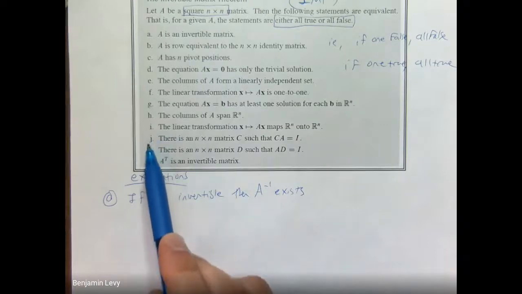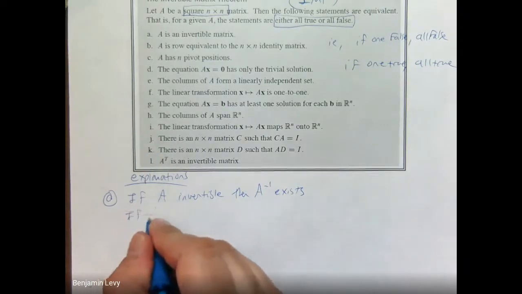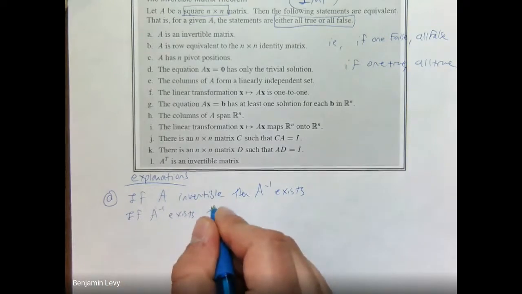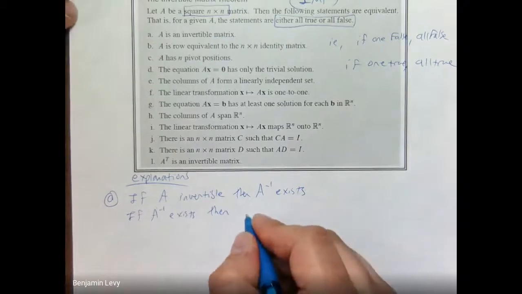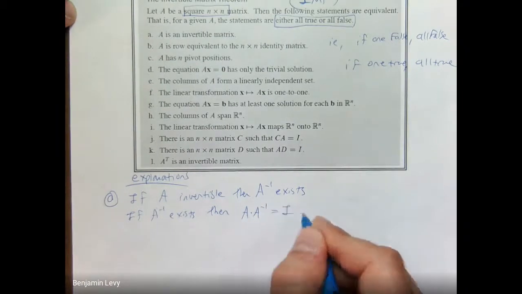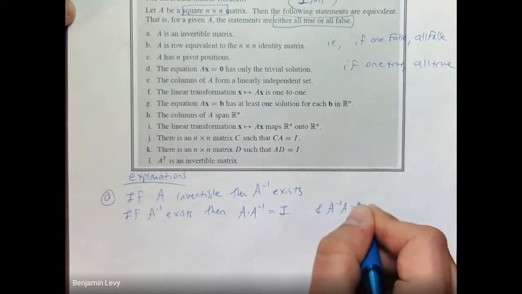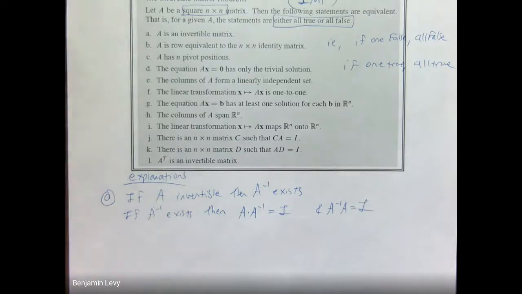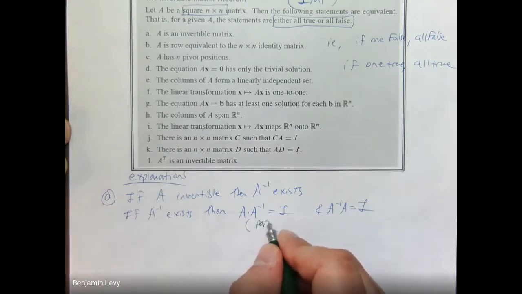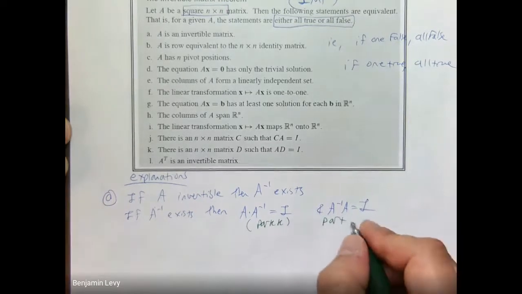So right away, we get J and K just from A inverse. If A inverse exists, then that means you can multiply it by A to get I on either side. And so if we know the inverse exists, right away, this one is part K, and this one is part J.